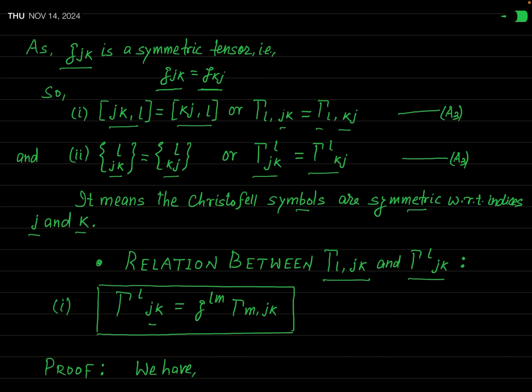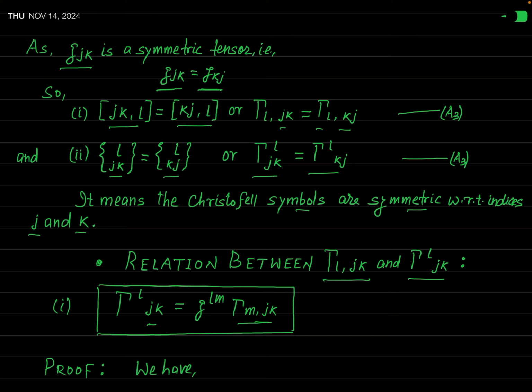This second kind Christoffel symbol Γ^l_jk is equal to g^lm times Γ_m,jk. Here you can see the symbol on the LHS of this expression is the second kind of Christoffel symbol, and on the RHS this is the first kind of Christoffel symbol, and this is the relation between them. Now let us prove it.